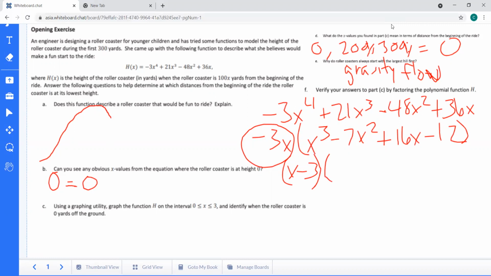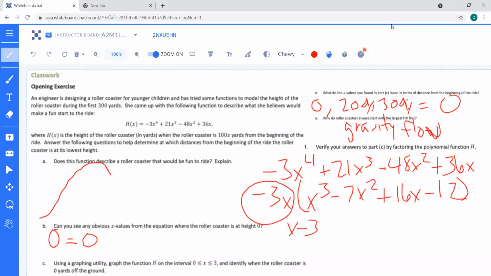I'm just going to have to do it. Okay. So y'all know how to do this. We're going to simply divide x cubed minus 7x squared plus 16x minus 12 by x minus 3.